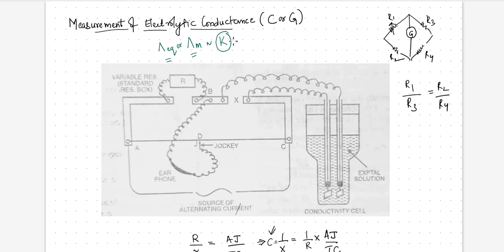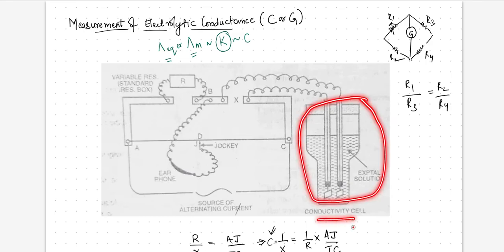And we know that the specific conductivity can be related to the conductance, and therefore it is important to know how we can measure the electrolytic conductance. For that, we use this particular system, where this part is what you refer to as the conductivity cell.